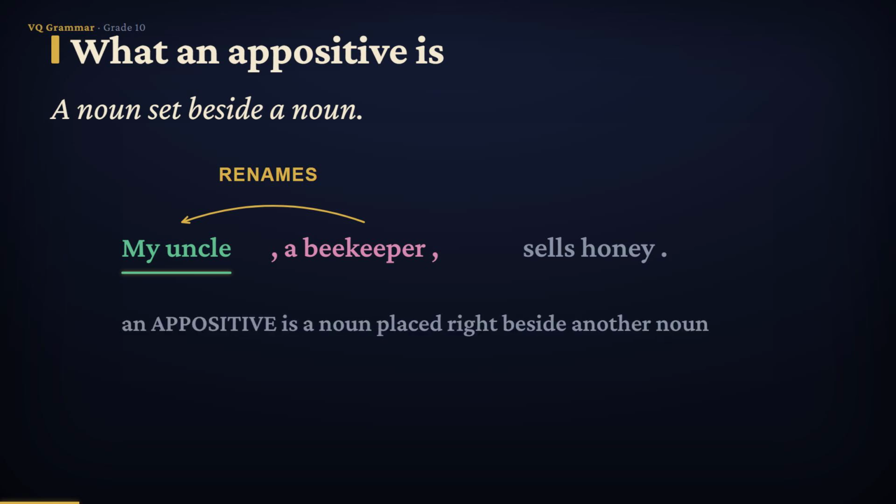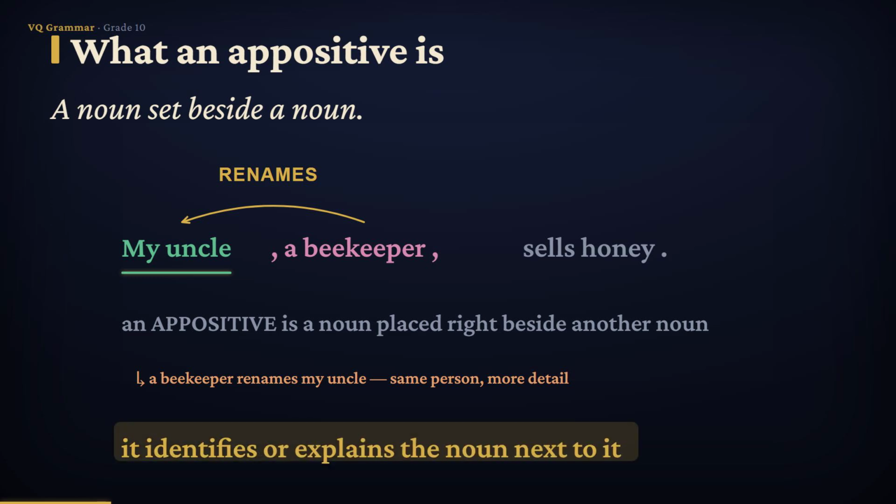An appositive is a noun or a pronoun placed right beside another noun or pronoun to identify it or to explain it. Notice that a beekeeper does not add a second person here. It simply tells you more about the person already standing there. Same person, extra detail. An appositive identifies or explains the noun that sits next to it.